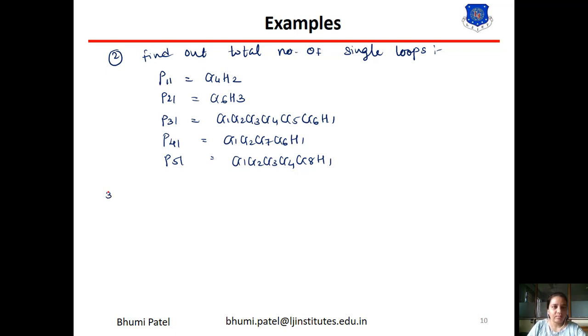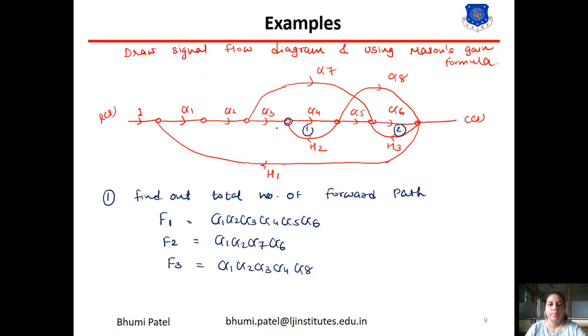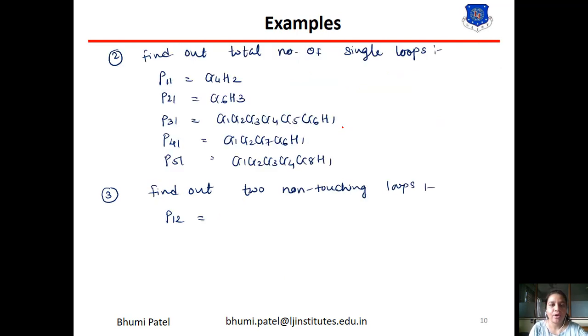Now step number 3, find out 2 non-touching loops. So the first non-touching loop, here you can see that loop number 1 and loop number 2 have no common node, so they are non-touching loops.